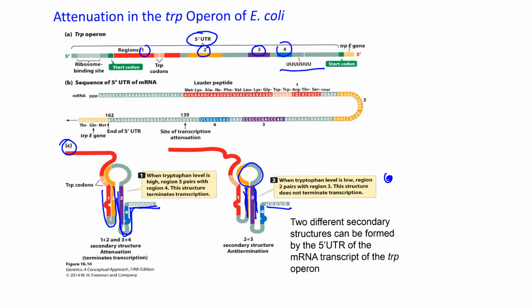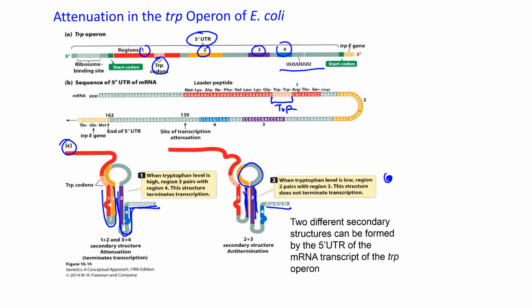Now in region 1 right here, there are two UGG codons encoding tryptophan. And these tryptophan codons regulate whether the attenuator or the anti-terminator will be formed. How? Let's go to the next slide.